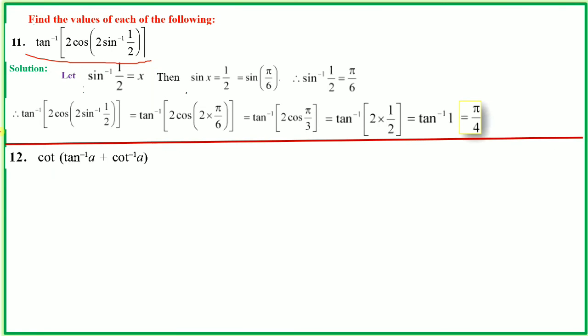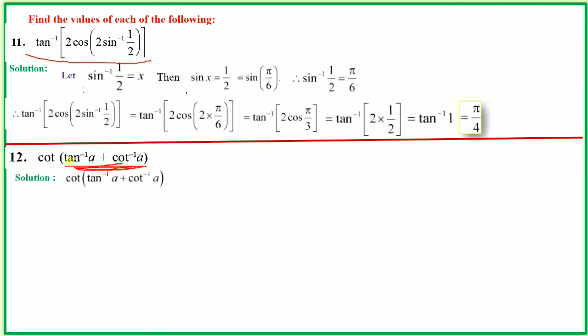The next question, 12th, is cot of tan inverse A plus cot inverse A. Solution: cot of tan inverse A plus cot inverse A. This is an identity like we wrote earlier. Sin inverse x plus cos inverse x is equal to pi by 2. Sec inverse x plus cosec inverse x is equal to pi by 2.